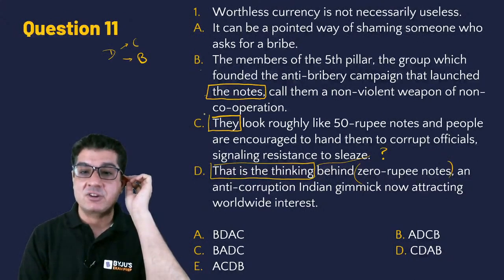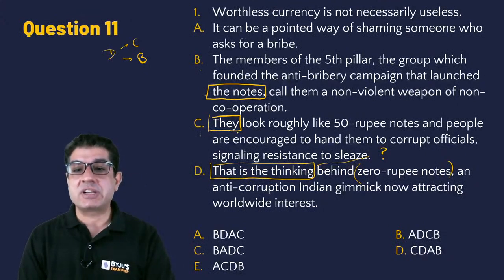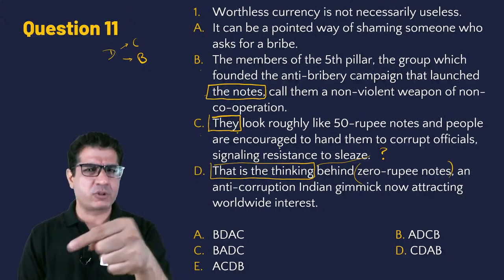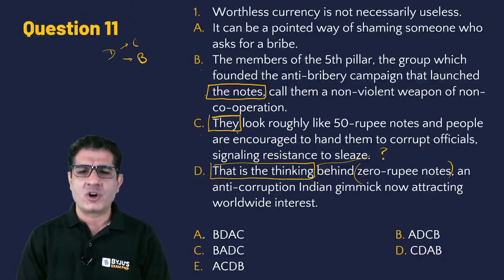So B has the notes. C is talking about they look roughly like 50 rupee notes. So those 0 rupee notes, right? Option A, B is before D. Option B is fine. Option C is once again B before D. Option D, C before D. Option E, okay. So DB versus BD.